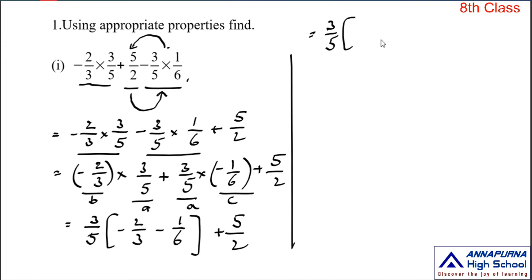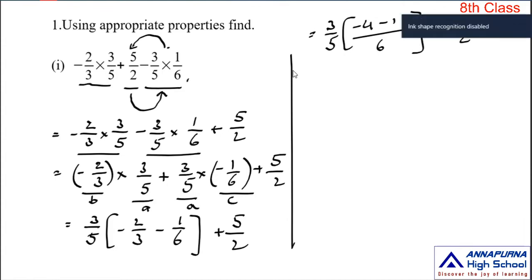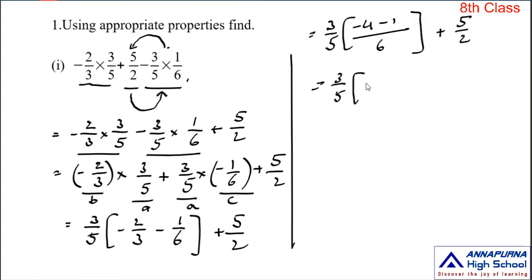Here the LCM is 6 and the numerator is minus 4 minus 1, plus 5 by 2 as it is. It is equal to 3 by 5 into minus 5 by 6 plus 5 by 2.